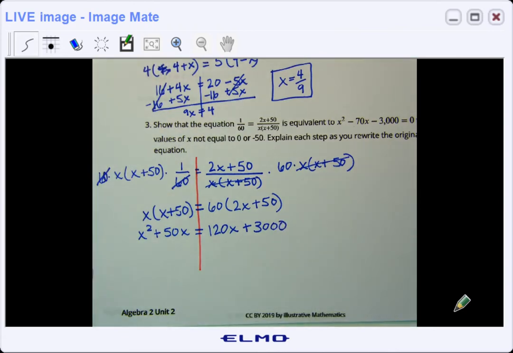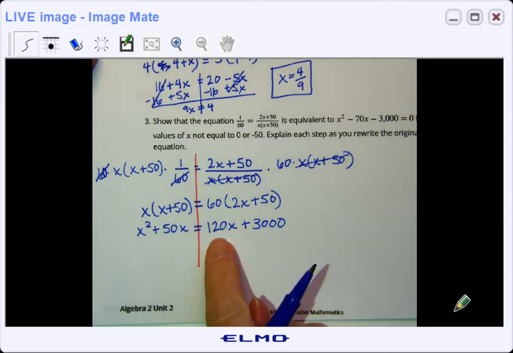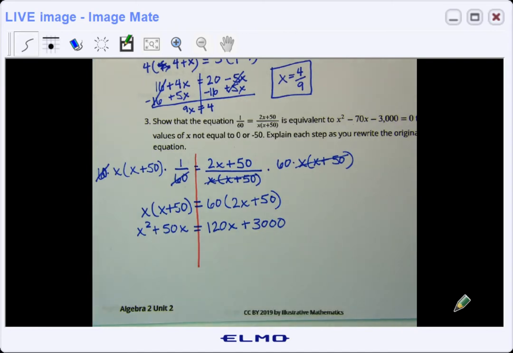And then this is a quadratic, and so the strategy for solving quadratics, like I said before, is to subtract each term over here so that the equation is set equal to 0.